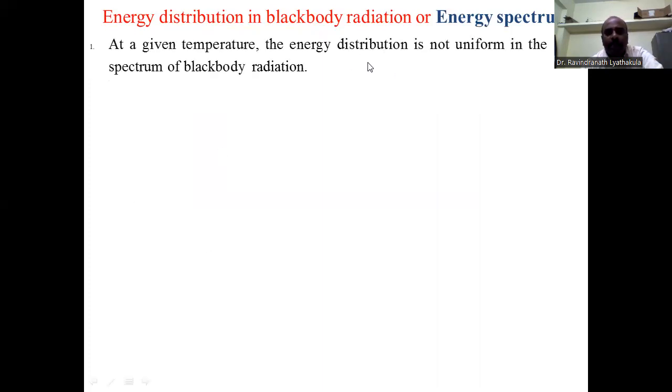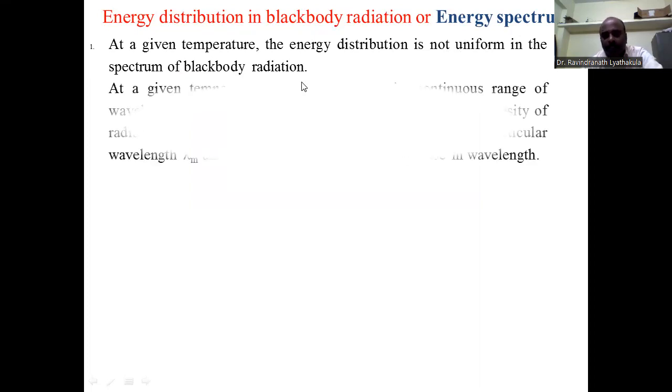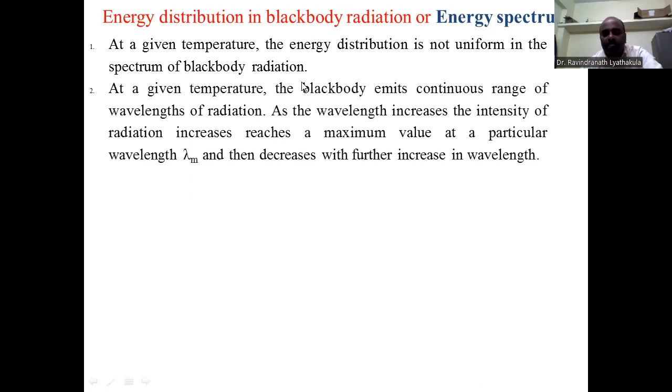At a particular temperature, the energy is not uniformly distributed along all the wavelengths. The second point is that at a given temperature, the black body emits a continuous range of wavelengths. As the wavelength increases, the intensity of radiation increases and reaches a maximum value at a particular wavelength.